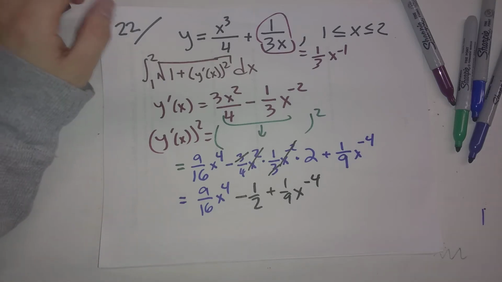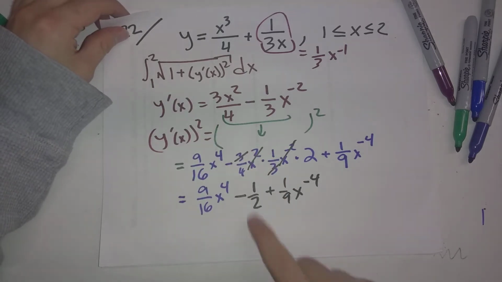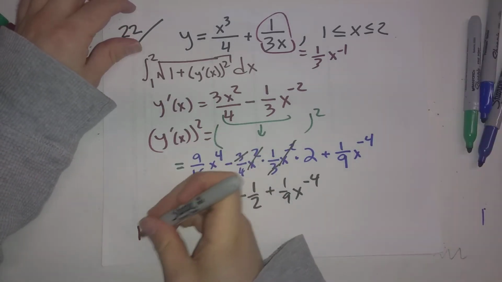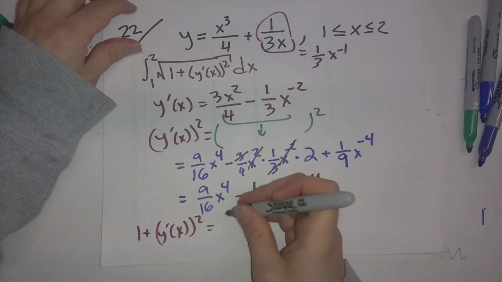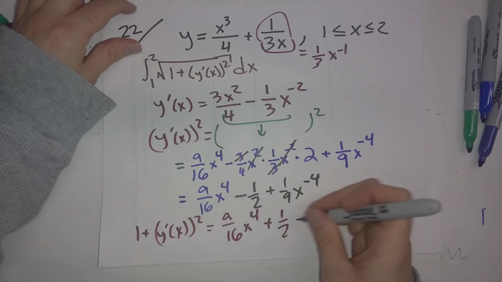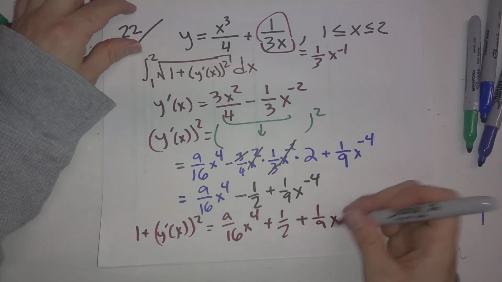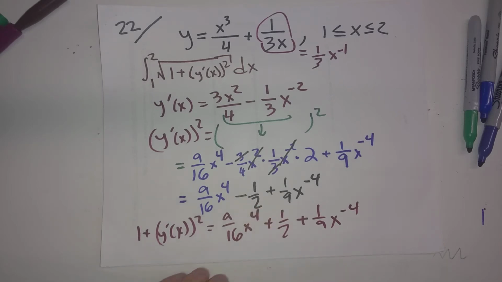Okay, so we now have y prime of x squared. We now want to add 1 to it. So 1 plus y prime of x squared is 9 over 16 x to the 4th, plus 1/9 x to the minus 4th, minus 1/2 plus 1 gives us plus 1/2.